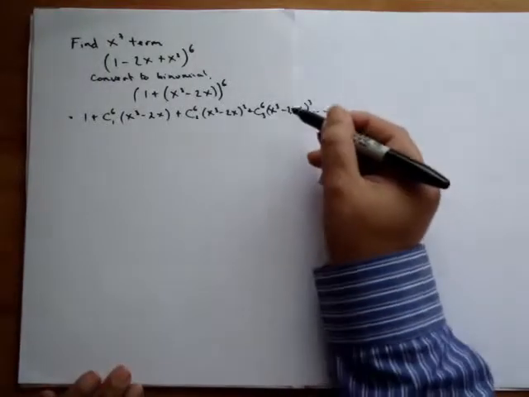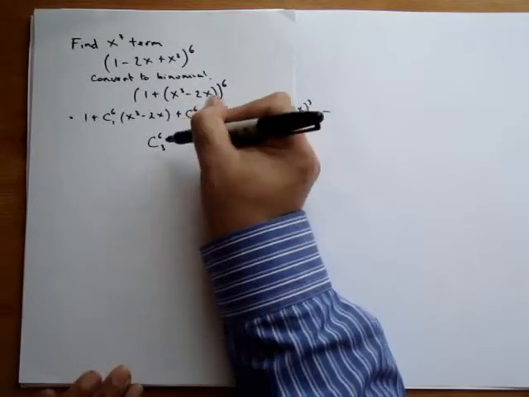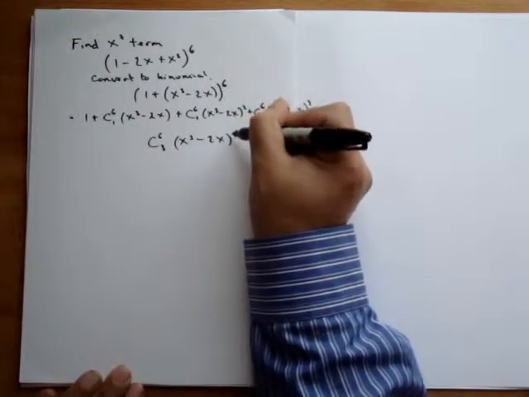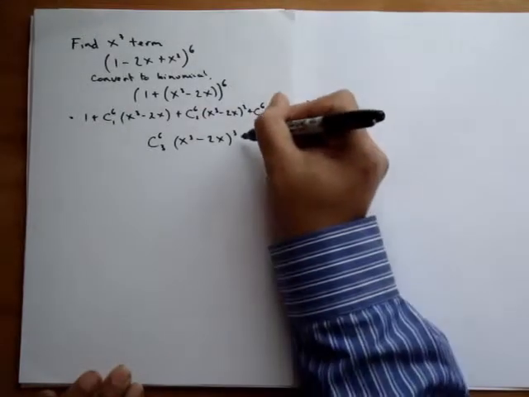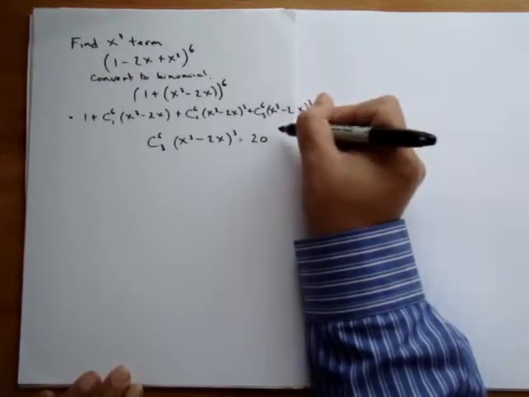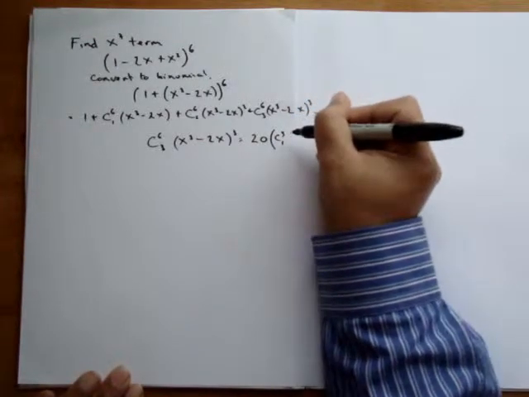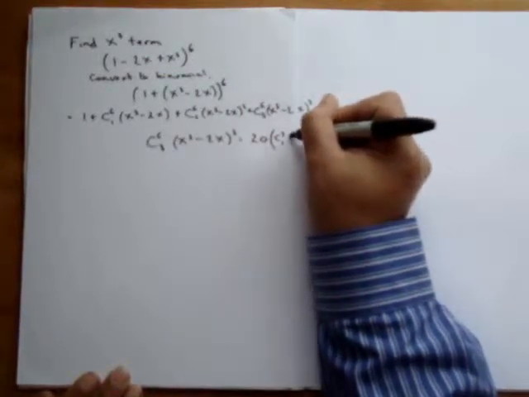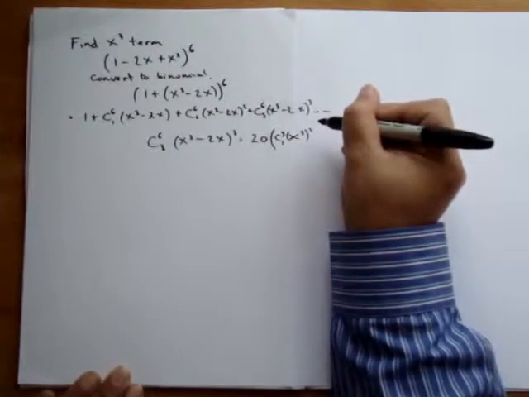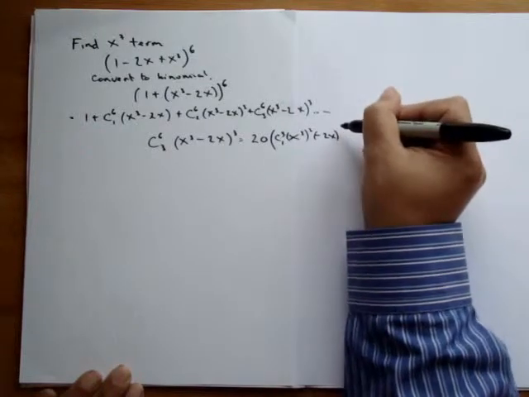So if we have C 6 3 x to the 3 minus 2x to the power 3, this then becomes 20, C 3 1 x to the power 3 squared, and then minus 2x to the power 1.